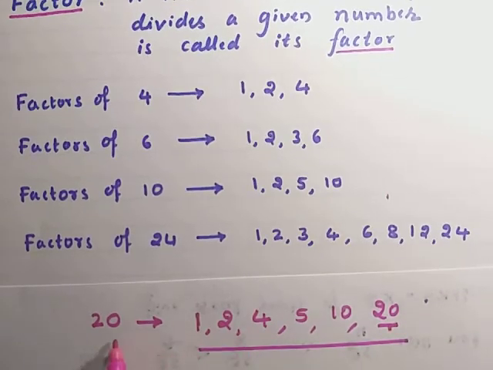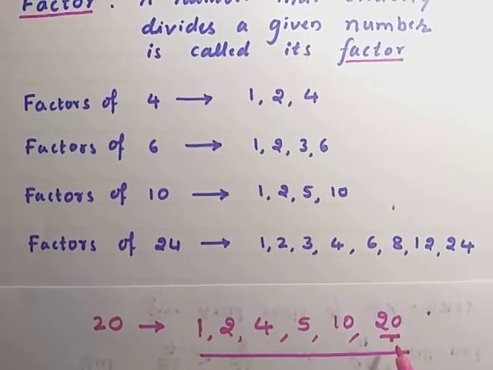In case of 20, 1 and 20. That means the factors of a given number always include 1 and the number itself compulsorily. In between, other numbers will also come.